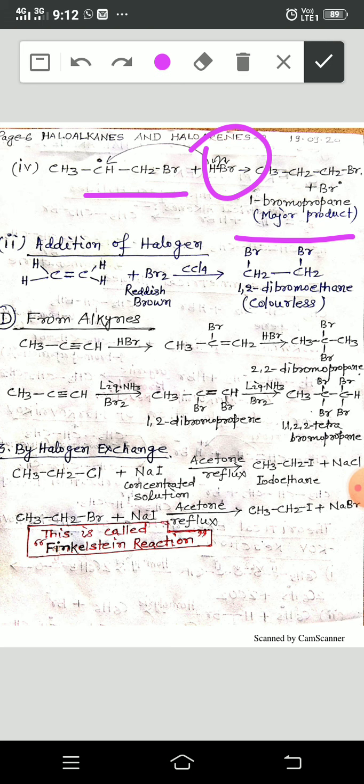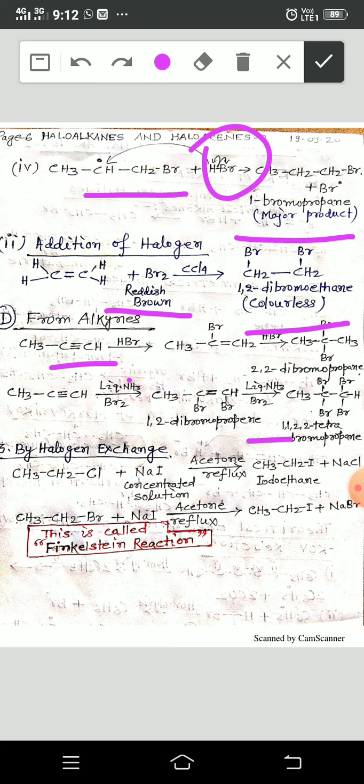Now addition of halogen only. There are 2 bromine atoms, they will give the addition product. From alkynes similar is the case. At the triple bond they will attack and you will get this type of compound.